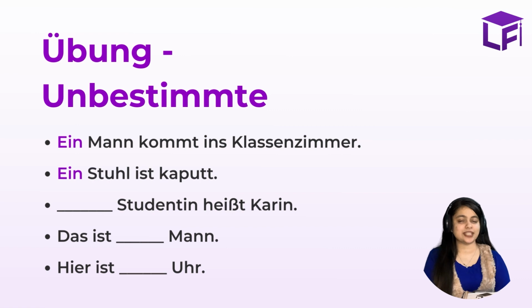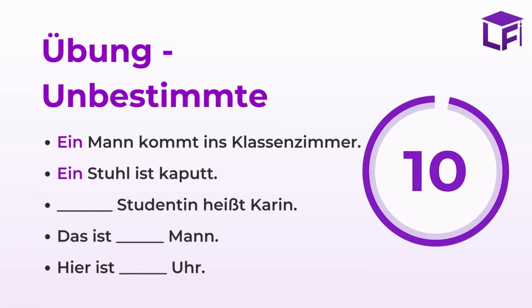Dash Studentin heißt Karin. So, dash female student is called Karen. I hope you got the answer already. Still, I'm going to give you 10 seconds. Think of it, guys.